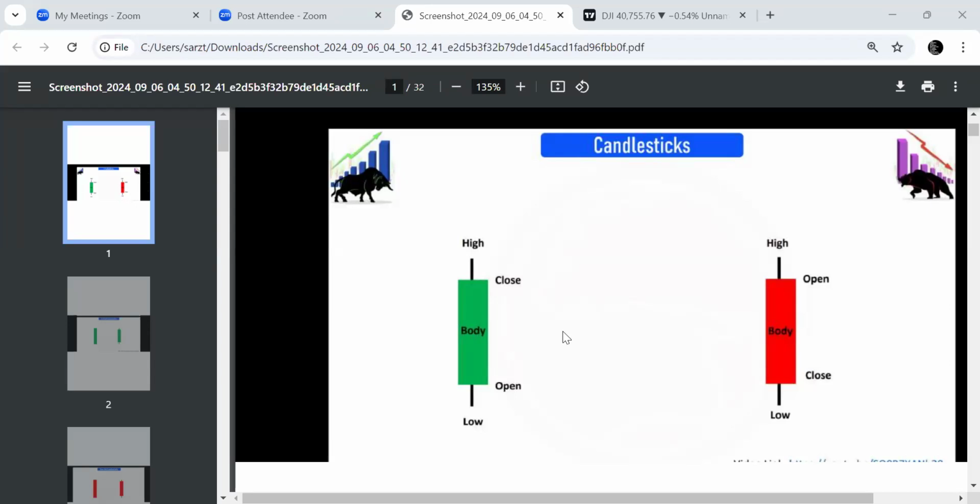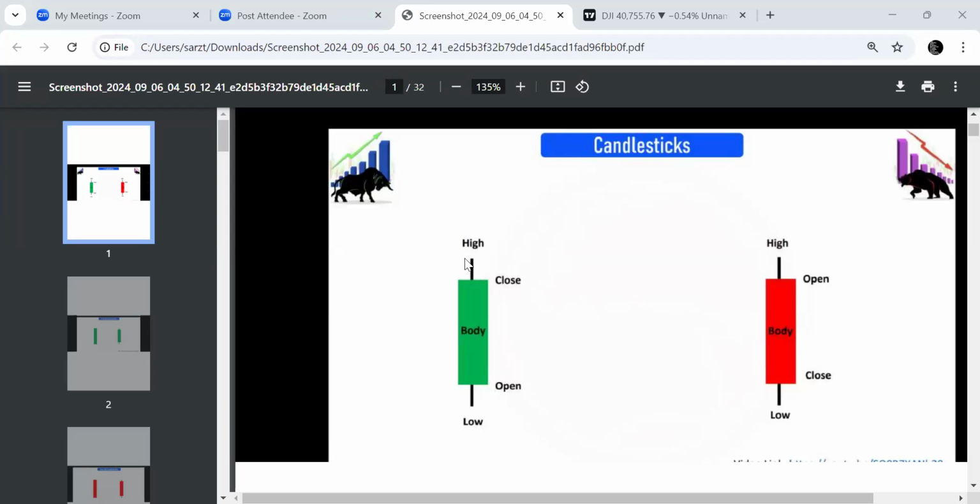And we had discussed two primary components of a candlestick, that is the body and the wick. The body represents the difference between the opening and closing prices of a candlestick, and the wick represents the highest and lowest price reached in the candle, and these together create a comprehensive picture of price action.